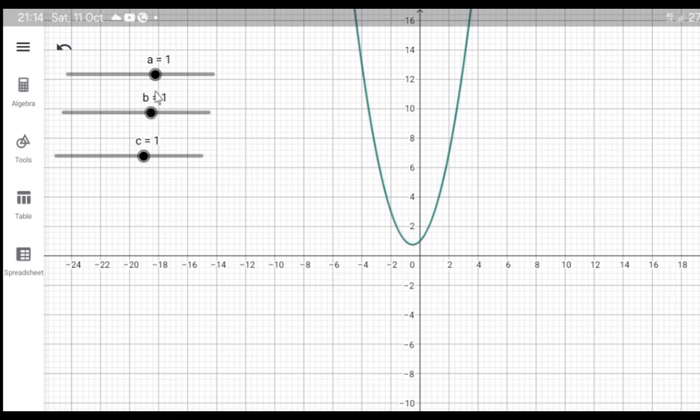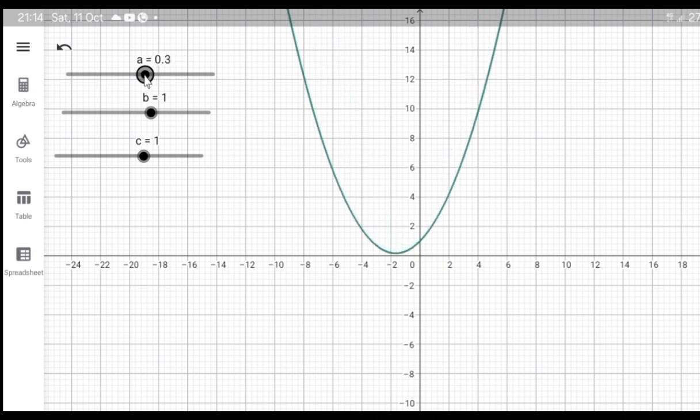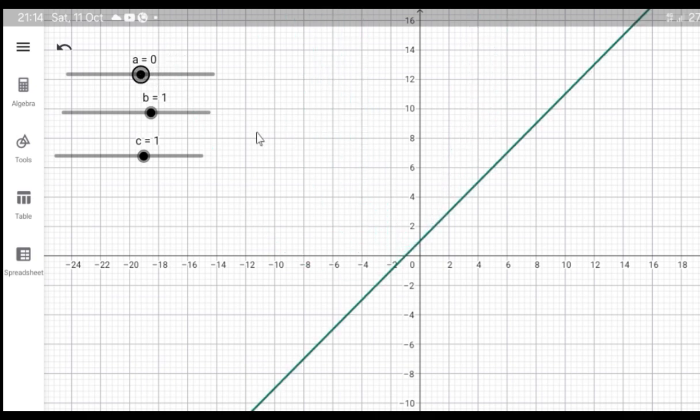Now we are going to tilt these coefficients and the constant term and see the resulting consequence on this very graph. We are going to start with A. If A becomes, let's say, 0, what happens?